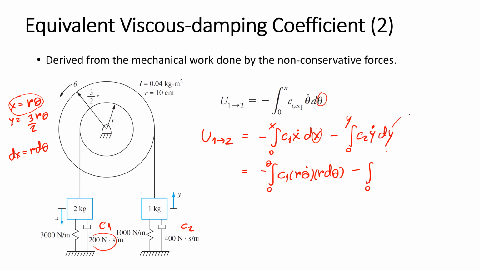When we change y to theta, the limit of the integral will be from 0 to theta. Y dot equals 3/2 r theta dot, and dy is equal to 3/2 r d theta.